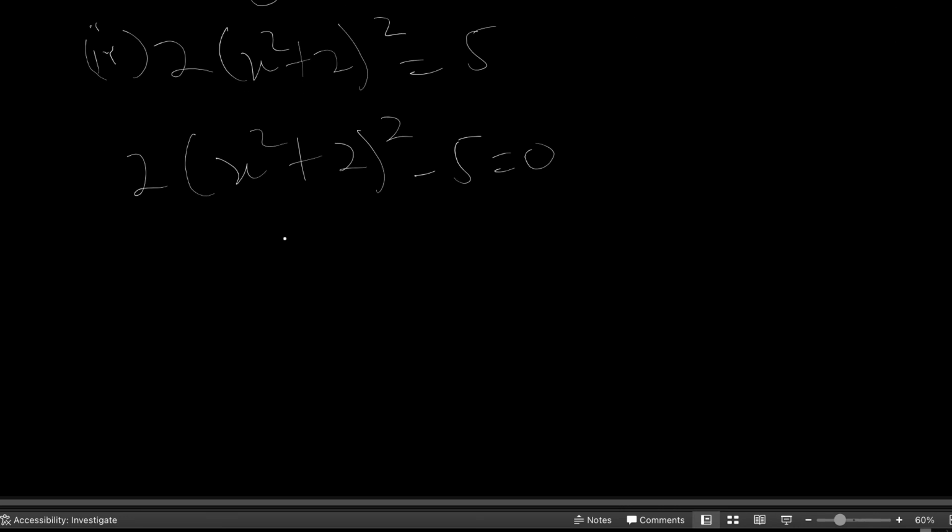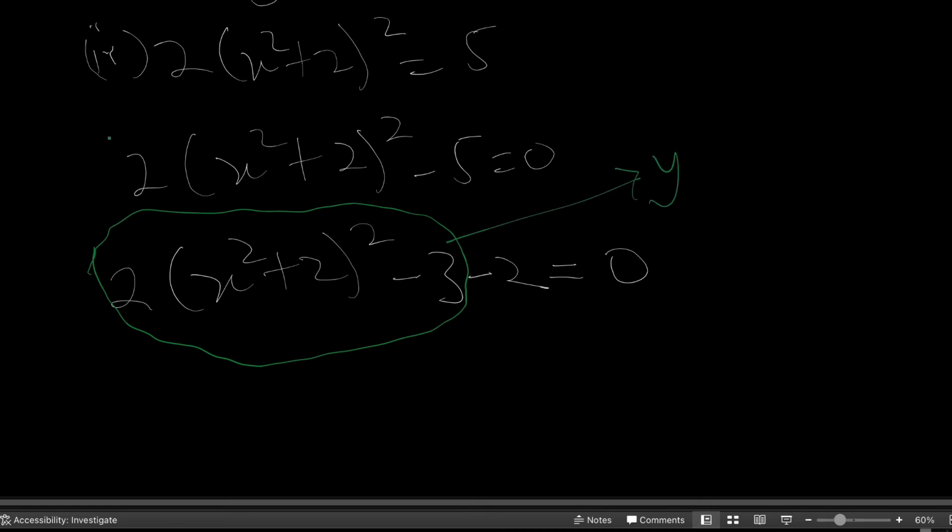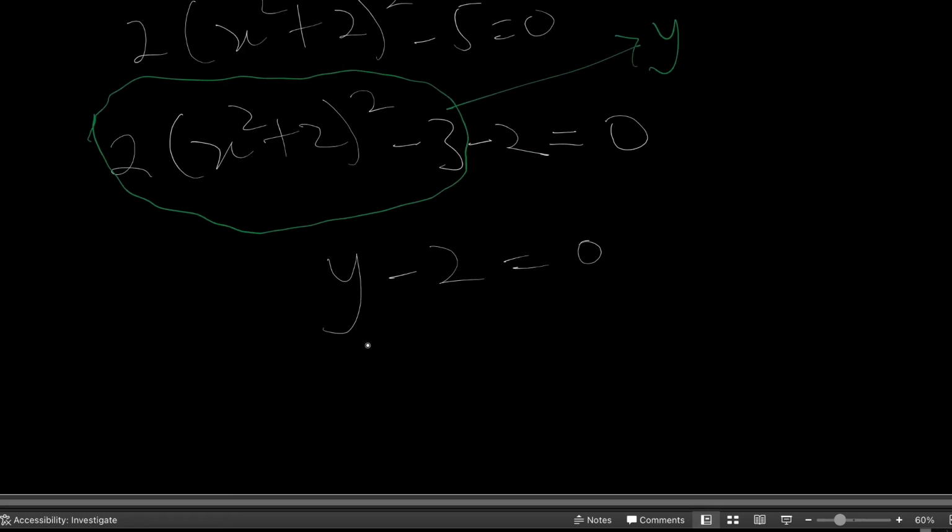Again, this equation can be written as 2(x plus 2) squared minus 3 minus 2 is equal to 0. And we know that the whole of this is y. So then we have y minus 2 is equal to 0. So y is equal to 2. So we find the values of x when y is equal to 2.